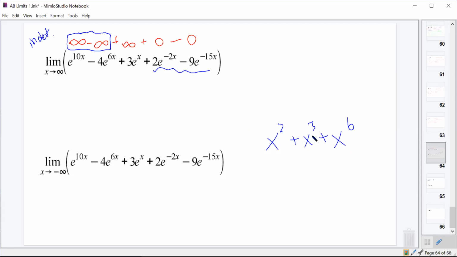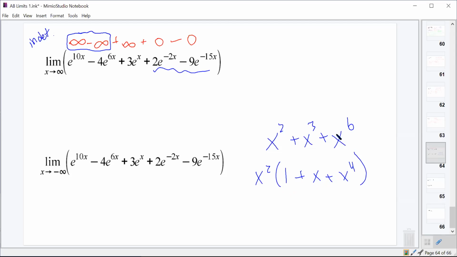How can I make each of these terms less? You can factor. I can factor this out, right? I get x squared times 1 plus x plus x to the 4th. And that decreased all of these some, didn't it?